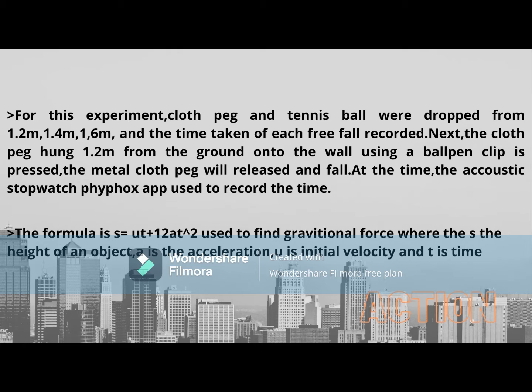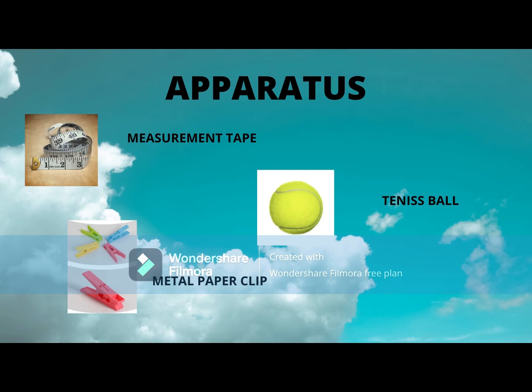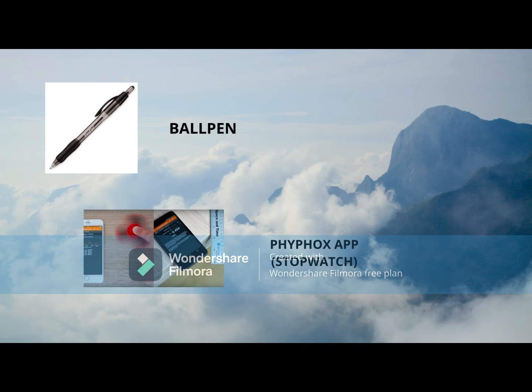The formula is S equals ut plus 1/2 at squared, used to find gravitational force, where S is the height of the object, a is the acceleration, u is the initial velocity, and t is time. The apparatus we use: measuring tape, tennis ball, metal paper clip, ball pen, and stopwatch.